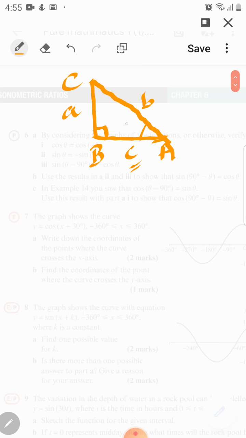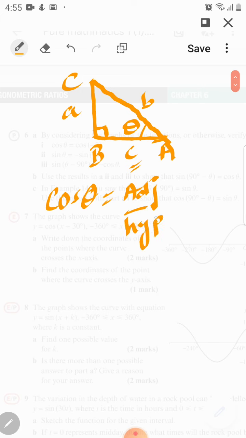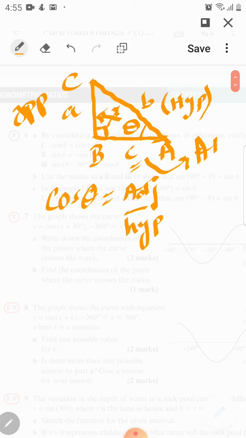So it makes an angle theta. So cos theta is equal to adjacent over hypotenuse. The side opposite to the given angle is called opposite. The side opposite to the 90 degree box is called hypotenuse, and the remaining side is called adjacent.